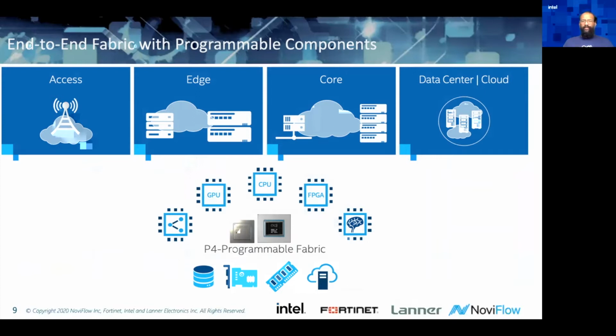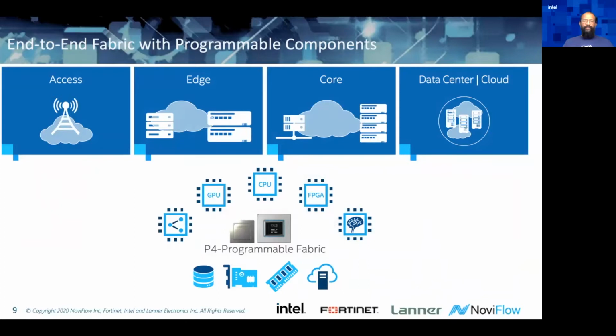The mobile edge computing platform that we're talking about is focused on the edge side of the network, but the dynamics and the economics of this solution are applicable in the core, in the data center, in the cloud, and even in the access side of the network.